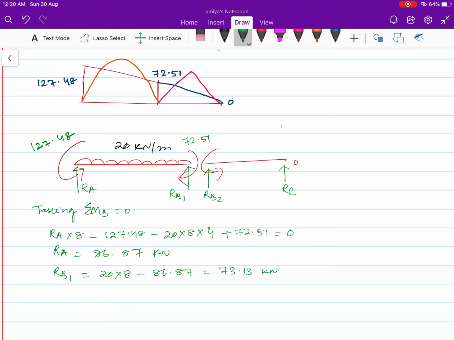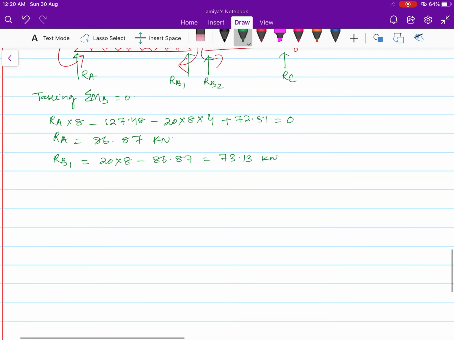Now to calculate RB2, similarly take moment about C equal to 0.